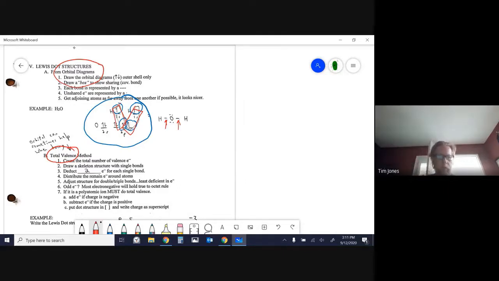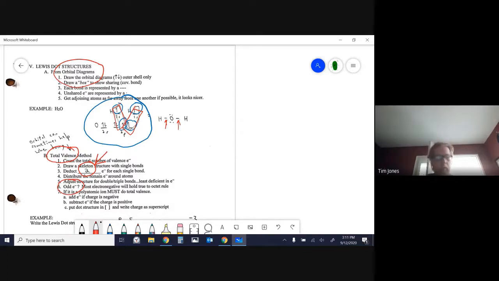When doing the total valence method, make sure that you're careful that every bond is 2 electrons. Often when students draw molecules incorrectly, it's because they're not subtracting 2 electrons from the total as they draw their molecules. Now, in regular chemistry, if you were to run into an odd number of electrons, that means you made a mistake, something's wrong.